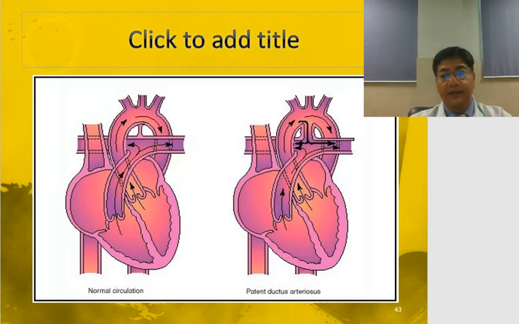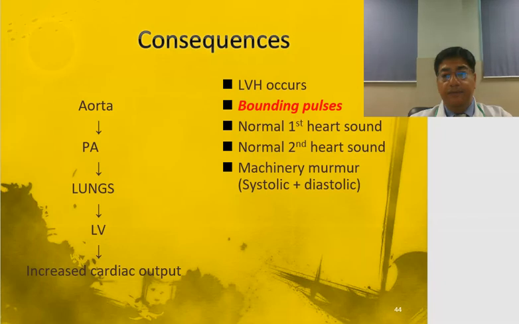It connects the aortic circulation to the pulmonary circulation, so more blood goes to the heart, and depending on the shunt, there will be volume overload and ultimately pulmonary hypertension, as we have seen in VSD.